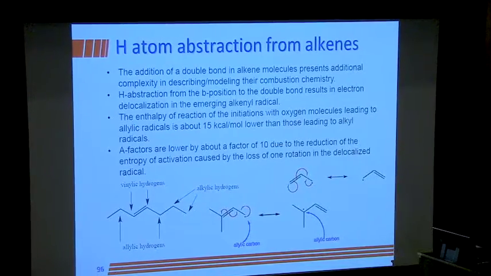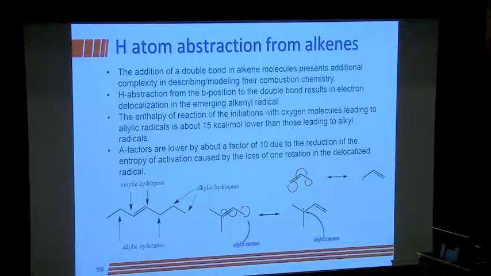Okay, so the addition of a double bond in an alkene molecule presents additional complexity in describing and modeling the combustion chemistry. H-atom abstraction from the beta position to the double bond results in electron delocalization in the emerging alkenyl radical.